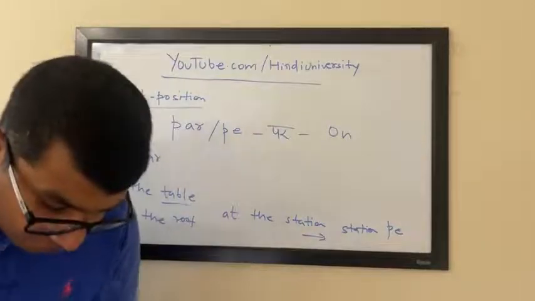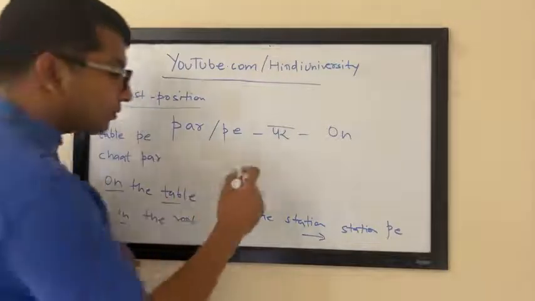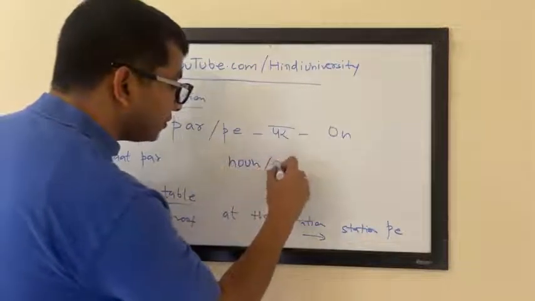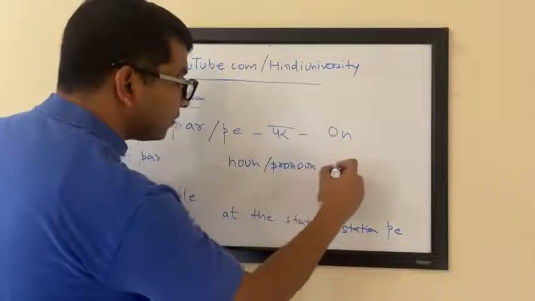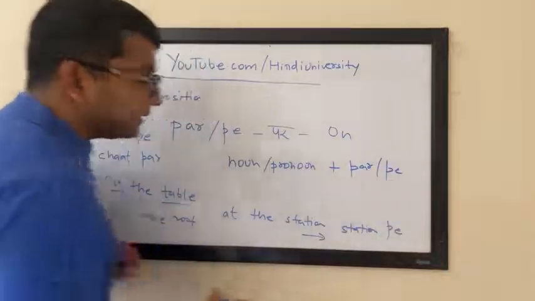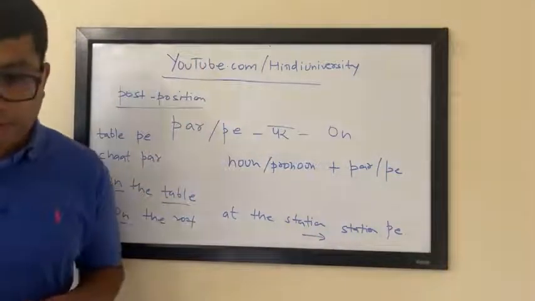Okay, what other examples can you think of where you will have a noun or a pronoun followed by per or be? You can type it in the Zoom chat or in the Facebook chat, or you can unmute yourself and share it.